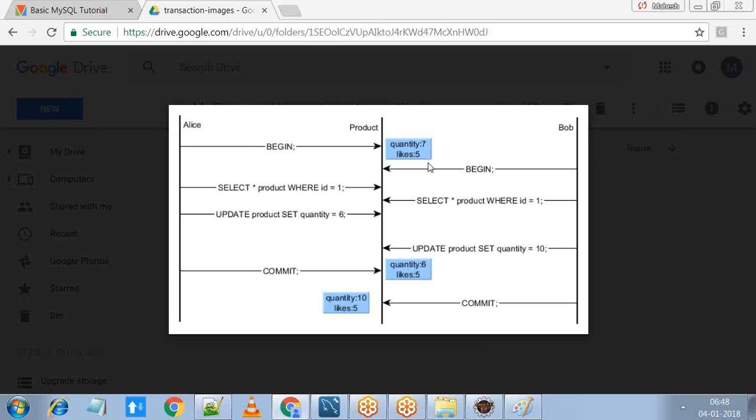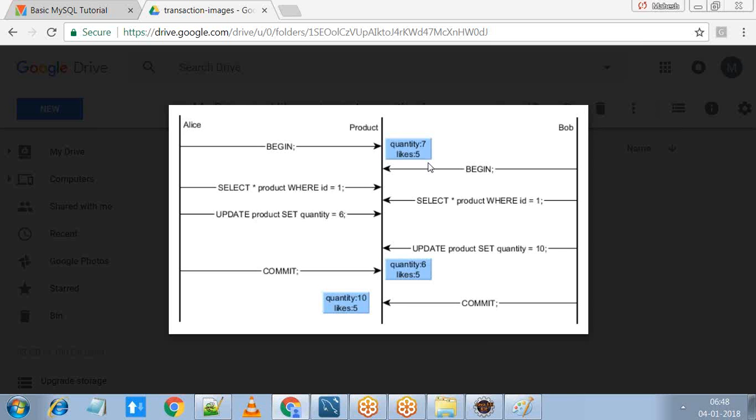And then later, after some time, Bob's transaction updated that quantity to 10. Then Alice's transaction commits, that means the quantity is updated to 6.